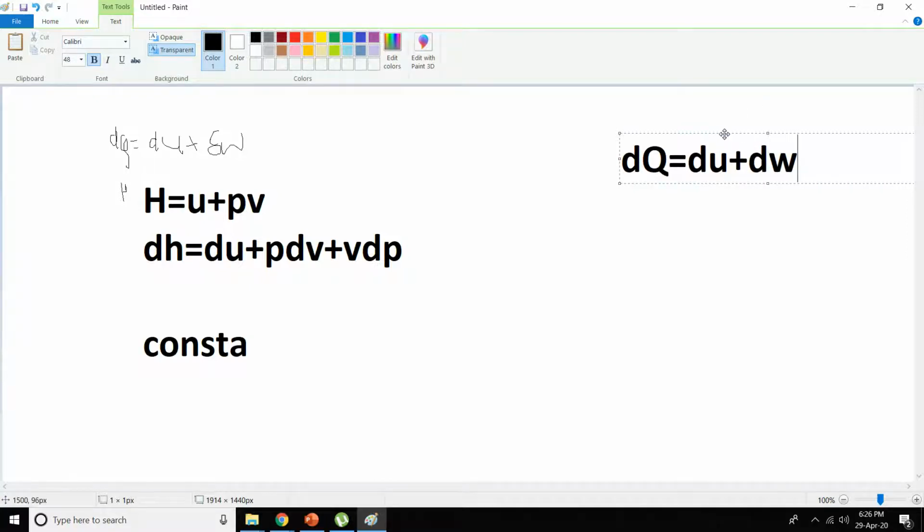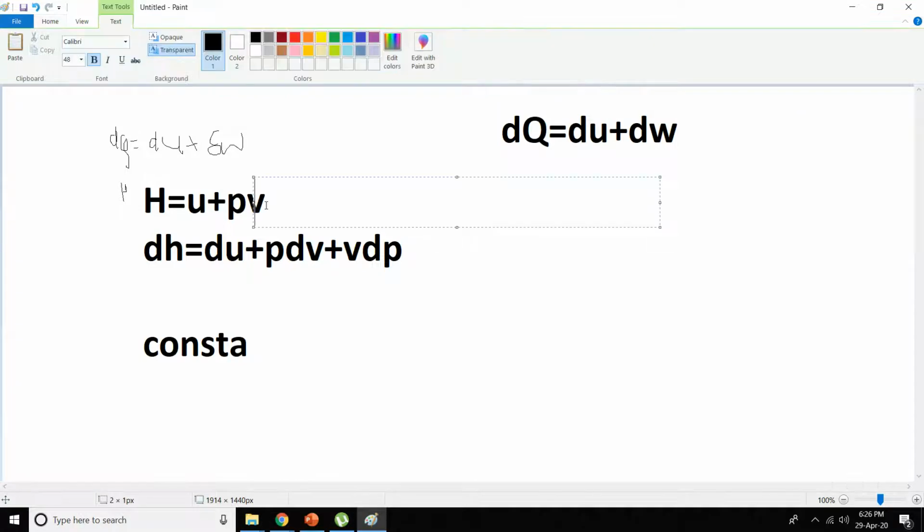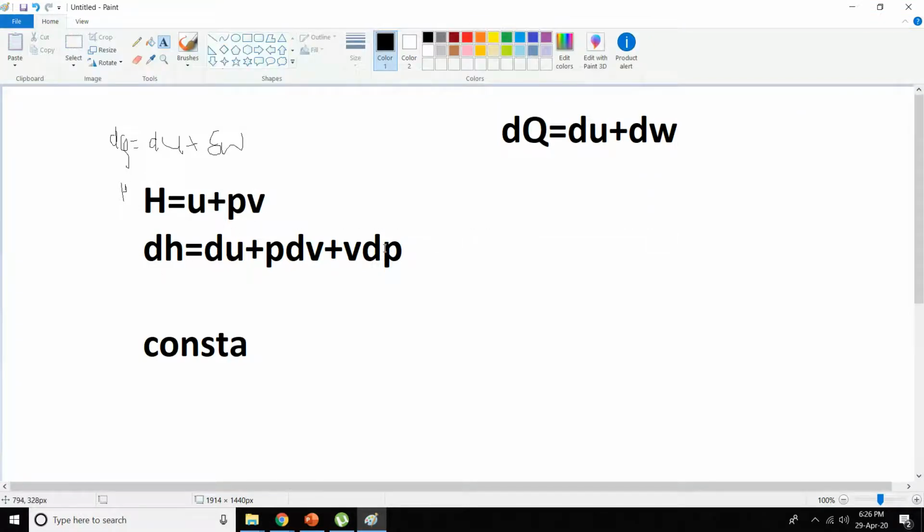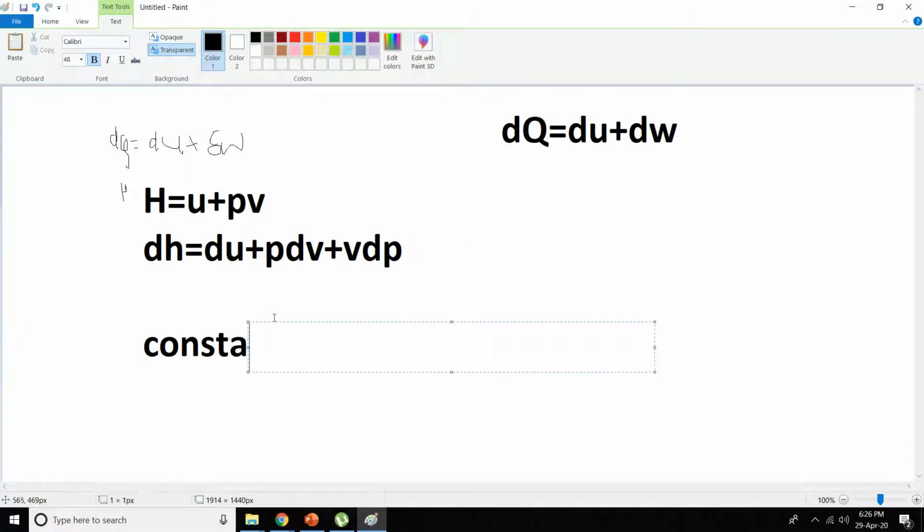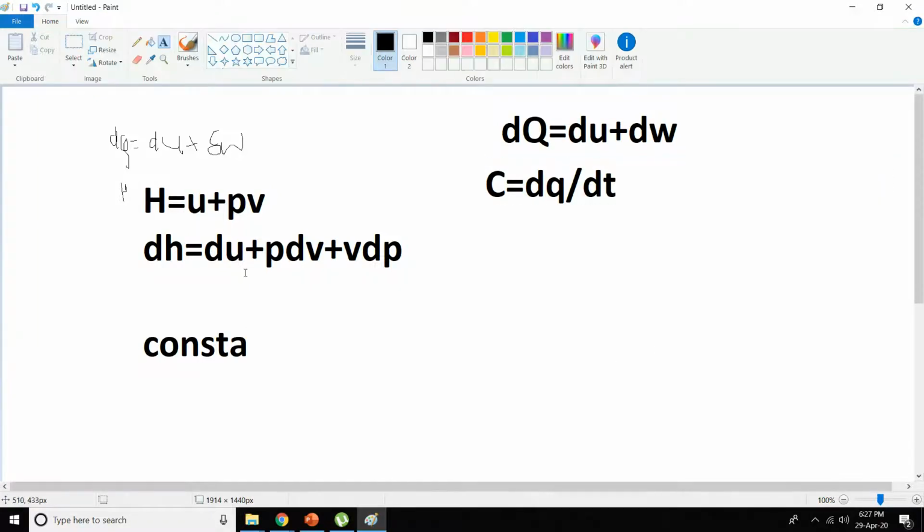This is your first law, and this is your enthalpy equation, once you have differentiated that. And one more equation you have is the specific heat: C is equal to the amount of heat you add, dQ, divided by the change in temperature, dT. Okay, so you have these many equations.